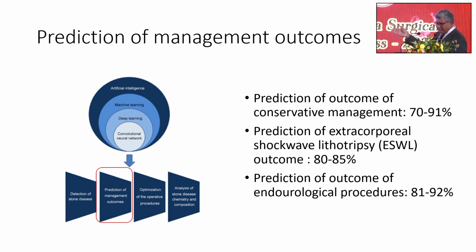And then there are different algorithms that look into that, if you're giving somebody SWL, for example, and if you're operating on that patient. So it just gives you a better idea of how you can tell the patient, maybe I'll get you stone free, or maybe you'll have to come back for further treatment.